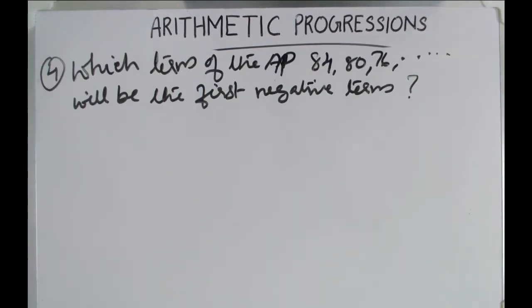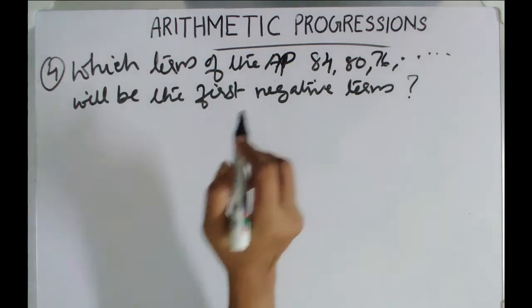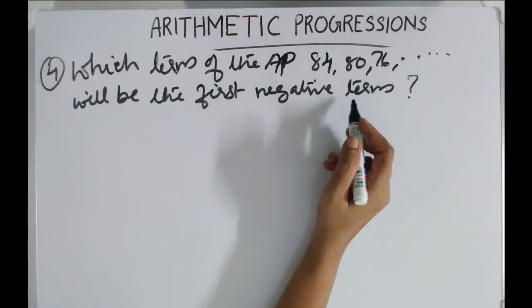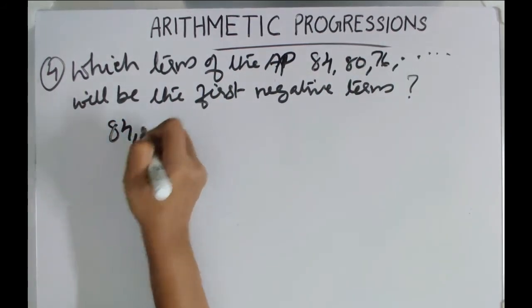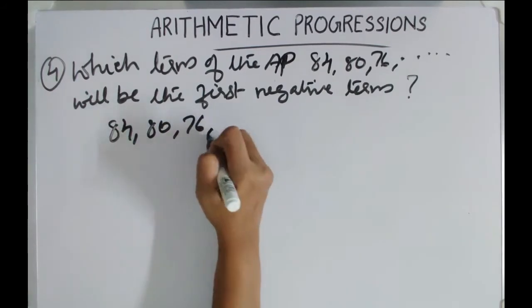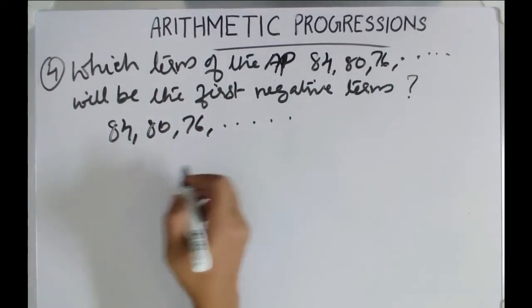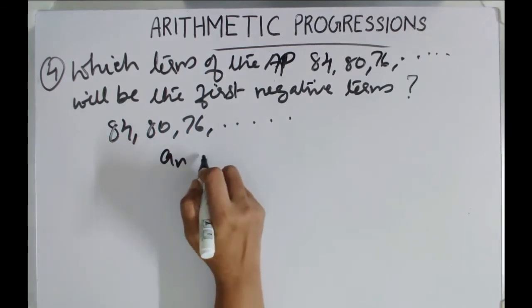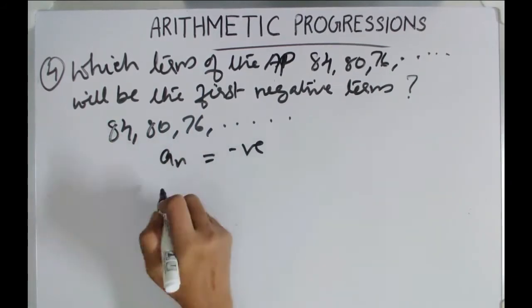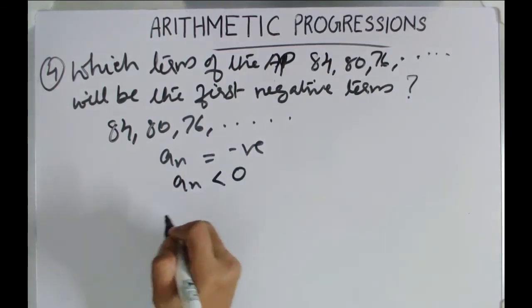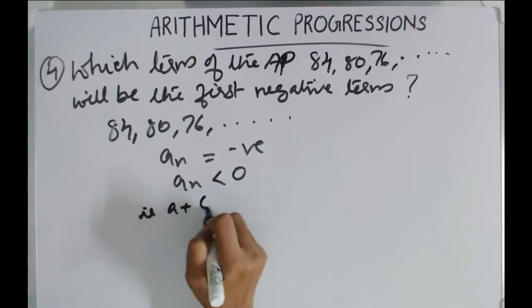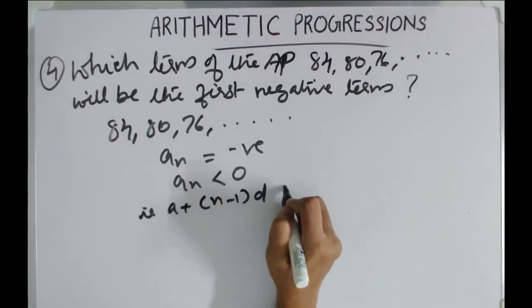Fourth question: which term of the AP 84, 80, 76, etc. will be the first negative term? Let the first negative term be the nth term of 84, 80, 76, etc. That is, this an will be negative, that is, an is less than 0. That is, a plus (n minus 1) into d will be less than 0.